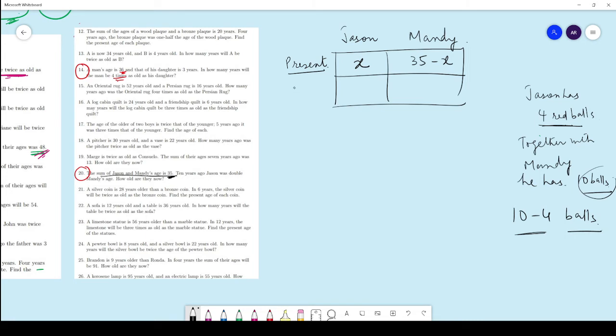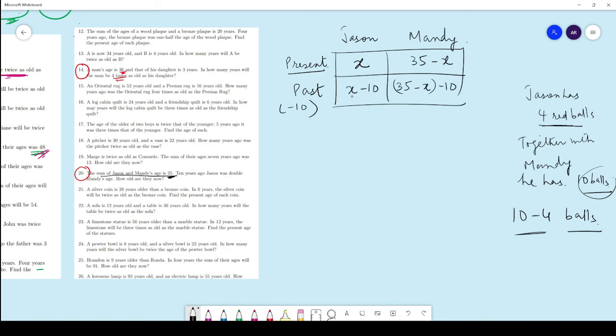Now 10 years ago, let us move into the past. 10 years ago, Jason was double Mandy's age. So how far are we going back in the past? We are going back 10 years ago. So 10 years ago, Jason's age would have been X minus 10 and Mandy's age would have been 35 minus X minus 10, because she will also be 10 years younger at that time, right?